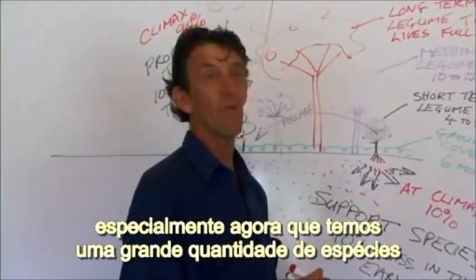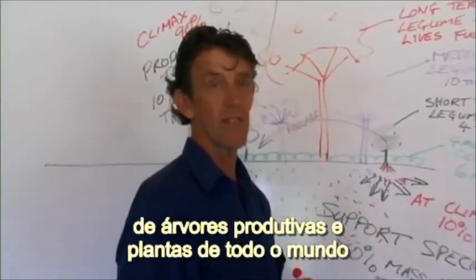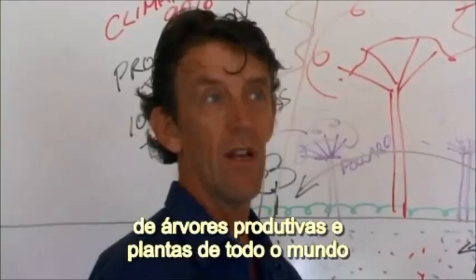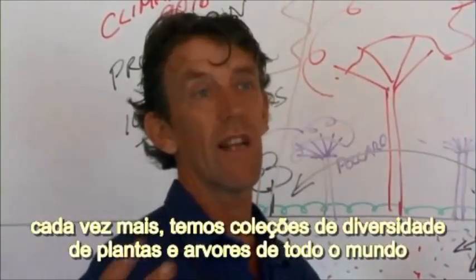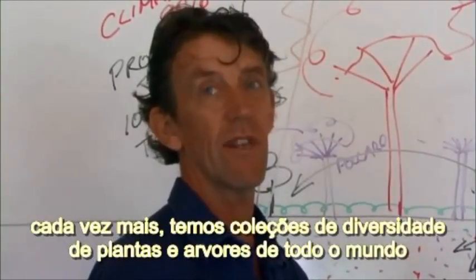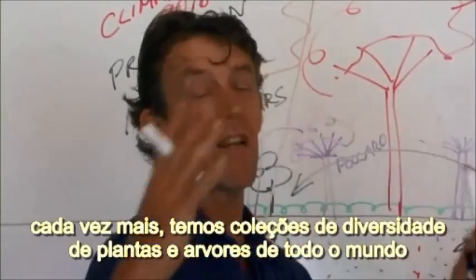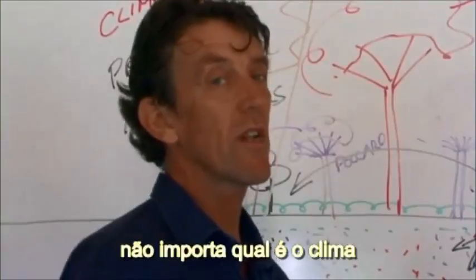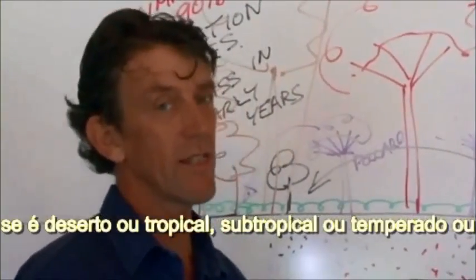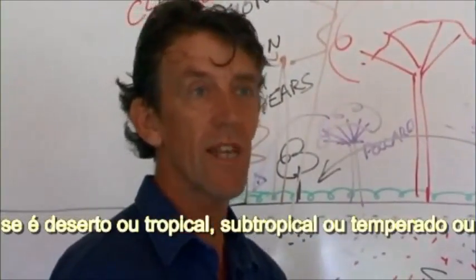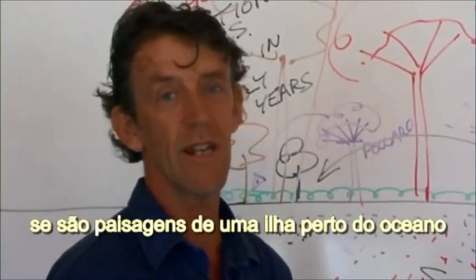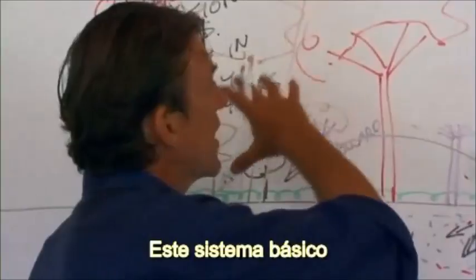And especially now, where we have the world's species of productive trees and plants, more and more we have collections of mass diversity from completely around the globe that we can put into these mixes. It doesn't matter which climate it is. It doesn't matter whether it's desert, doesn't matter if it's tropics, doesn't matter whether it's temperate or subtropics or island landscapes near the ocean.